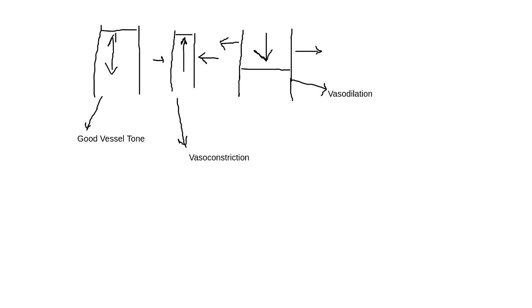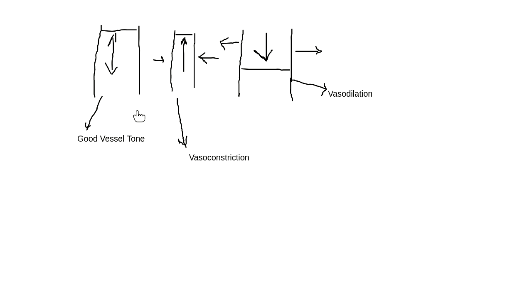This is controlled by the capillary sphincters, which are stimulated by the autonomic nervous system. When we have good vessel tone, we're able to pump blood to the core organs and the peripheral areas. It means we have good, adequate blood pressure to meet the body's demands.